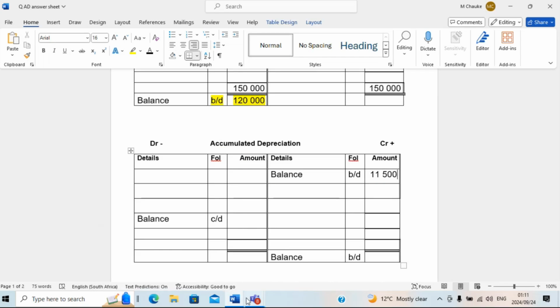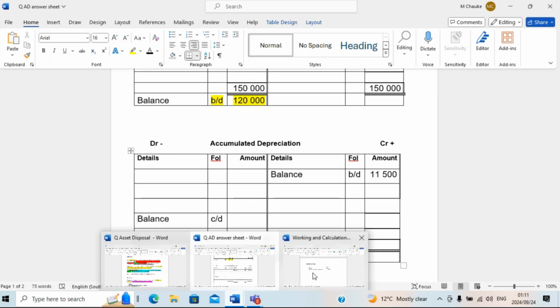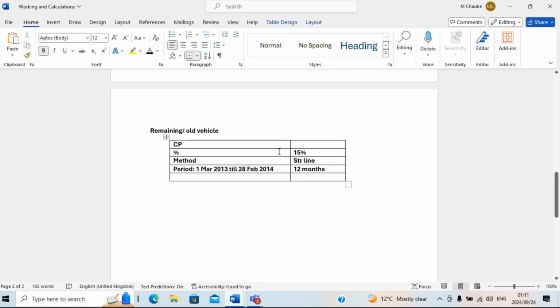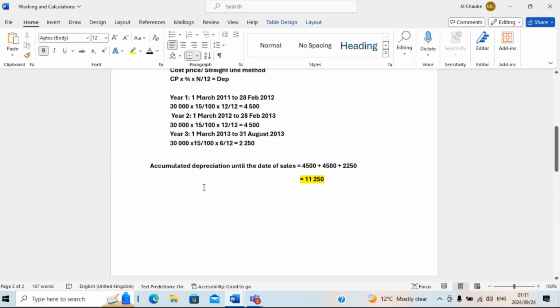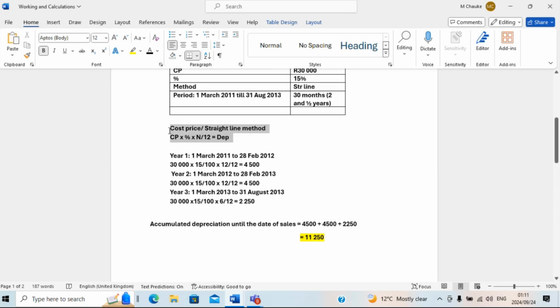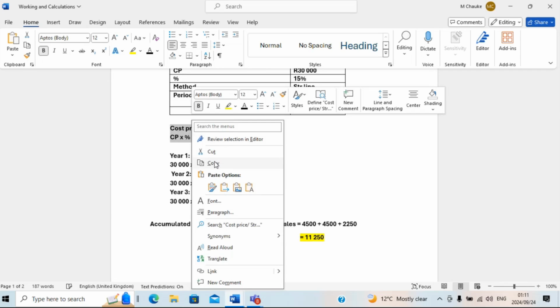So let's go to the worksheet. Remember, the cost price for vehicle B, the remaining or old vehicle, is 50,000, and we are using the cost price or straight line method, right?